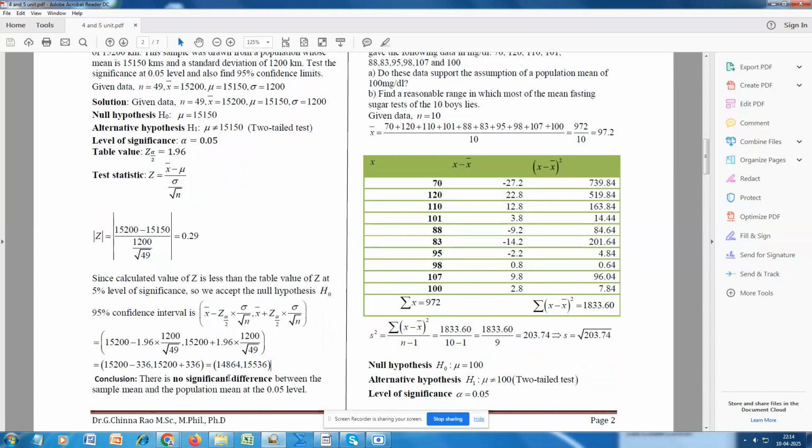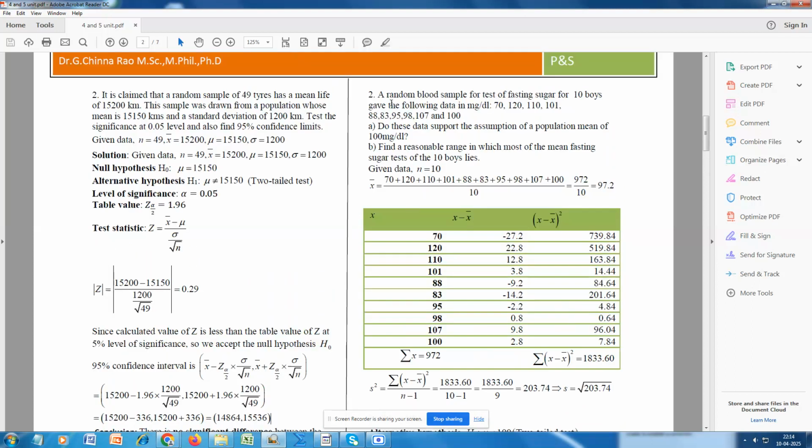So confidence limits are 14,864 and 15,536. Okay, and here small sample test. But in this question we have a data. Using this data we can check.